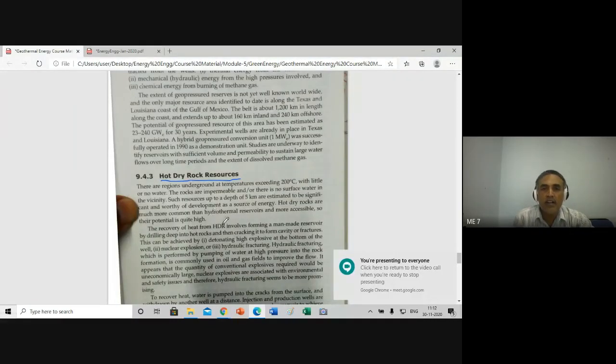What is this hot dry rock resource? I will tell you. Below the earth surface, up to around 5 kilometers, there is rock in some places. Inside that rock there is a temperature of around 200 degrees Celsius in some places, not all places. In that place a small cavity is made by some means, and water is introduced into that rock.